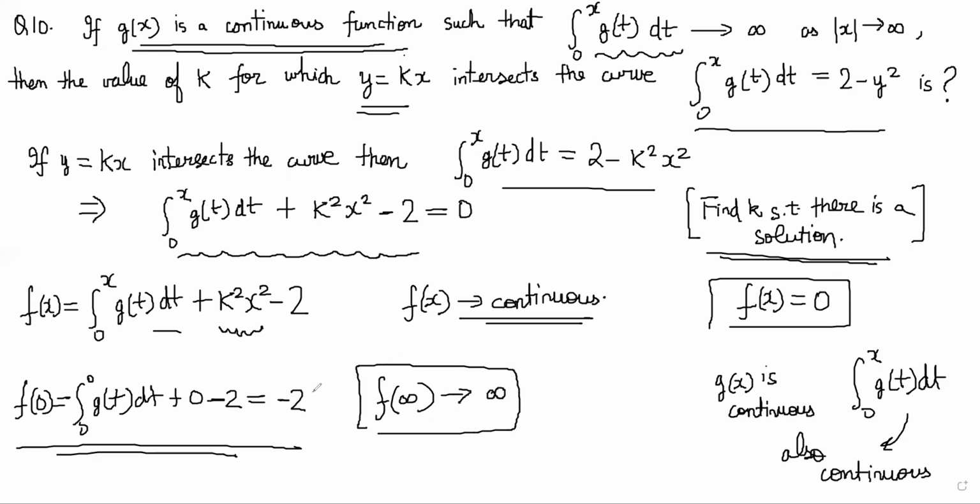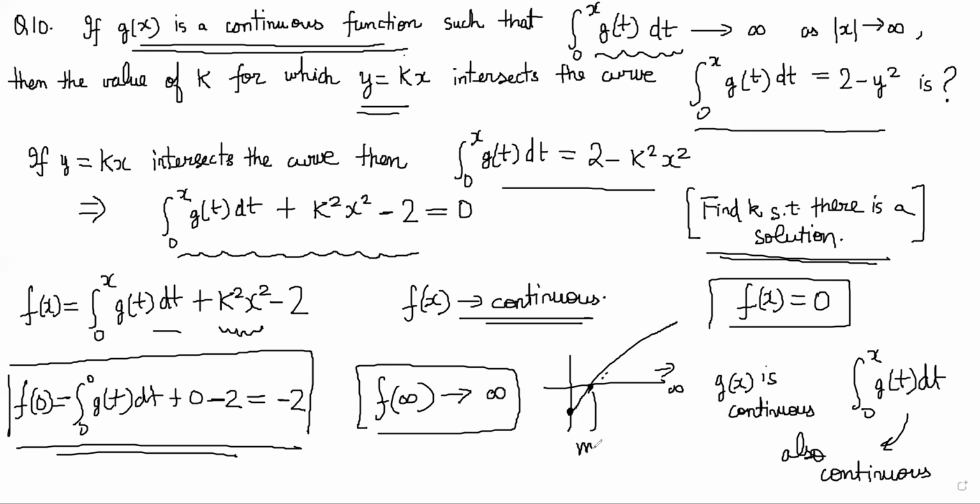Now think of any continuous function. If f(0) is minus 2 and f of infinity is positive infinity, then the graph should look something like this, right? f(0) is minus 2. It starts from here and somehow it becomes positive infinity when x tends to infinity. So then clearly there must be a root of this. There must be a root because it is a continuous function, so it cannot skip this value.